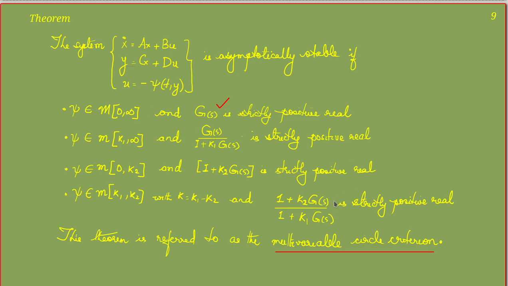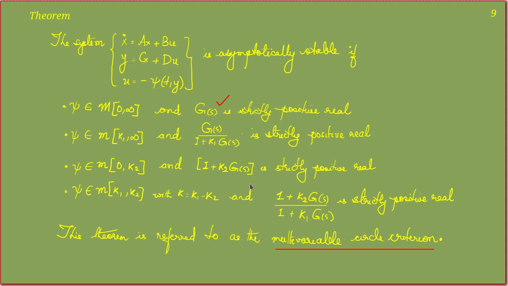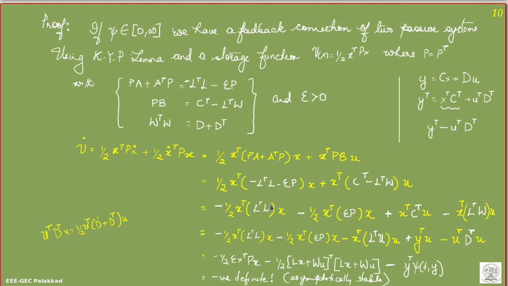Now we will summarize it as: check whether this theorem is true or not using the Kalman-Yakubovich-Popov lemma that we had seen in the previous case, and using the Lyapunov function here. Using this KYP lemma, we have these relations here.